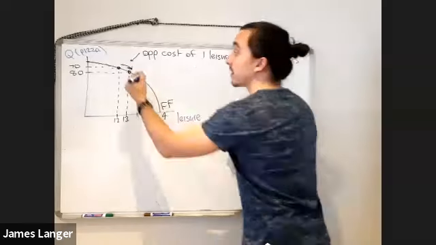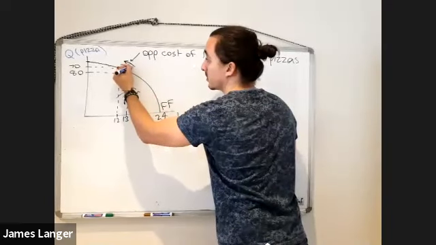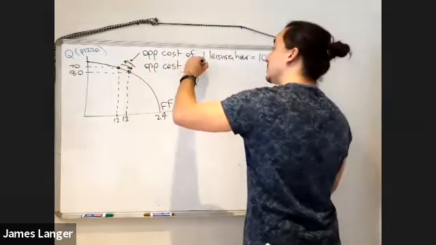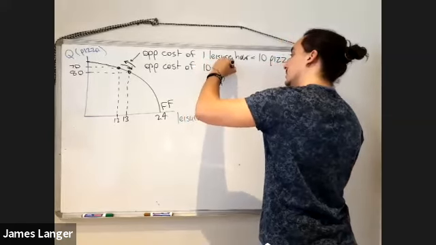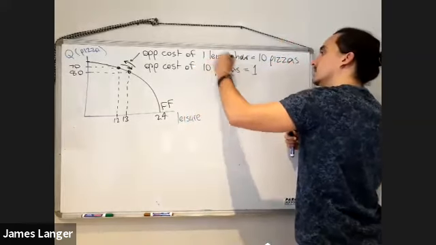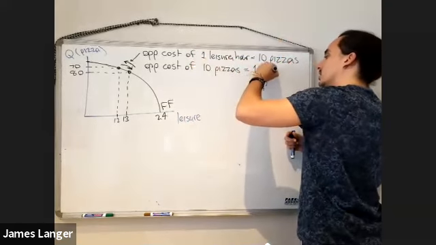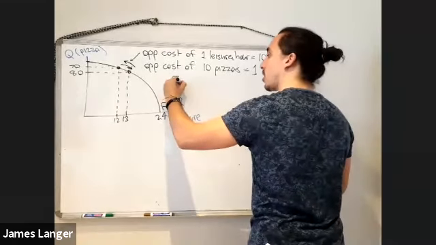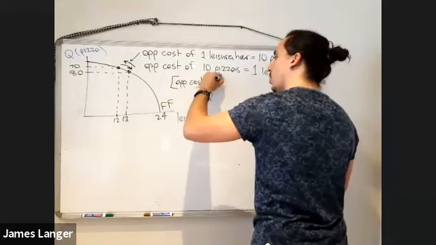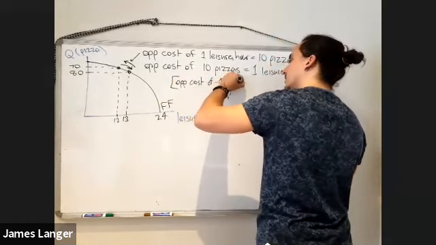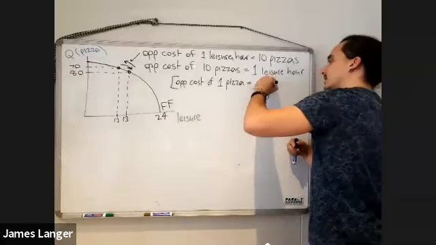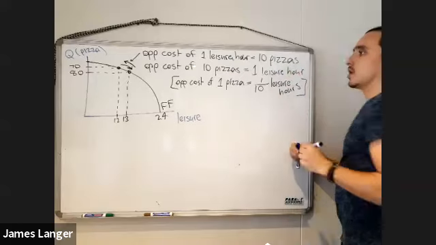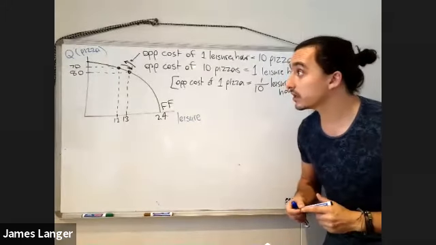Or if I wanted to move in the opposite direction, I'm going to see that the opportunity cost of 10 pizzas is equal to 1 leisure hour, which means you could do some maths here and say the opportunity cost of one pizza is equal to 1/10 leisure hours.